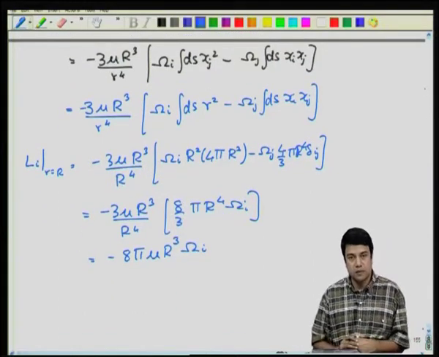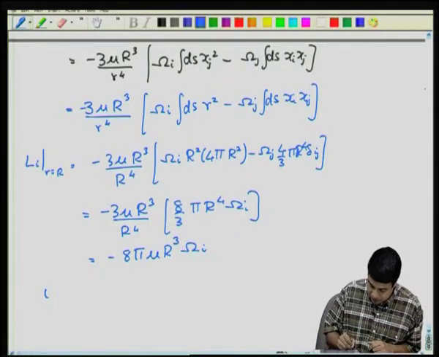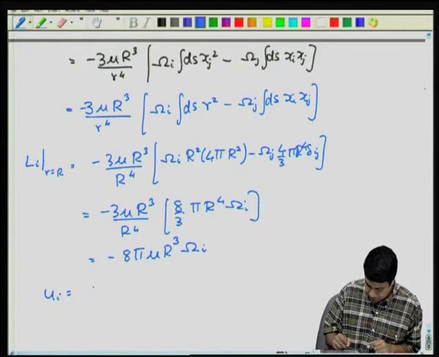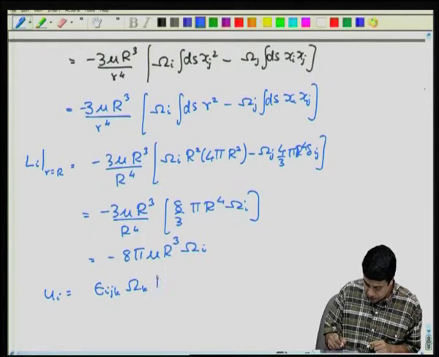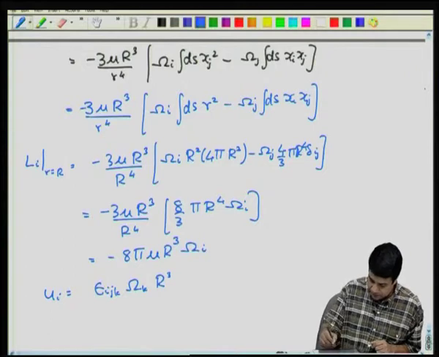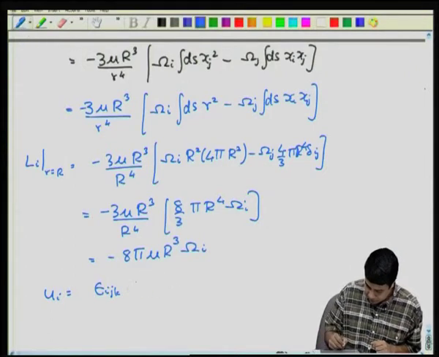So, recall the velocity field that I had. When I solved for this expression, the velocity field that I had was ui is equal to epsilon ijk omega j xk r cubed by r cubed.